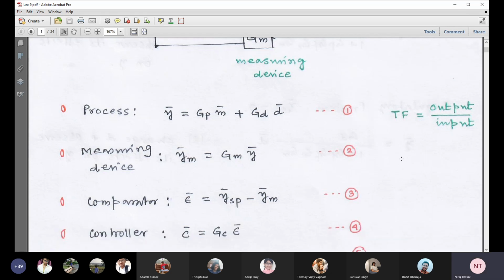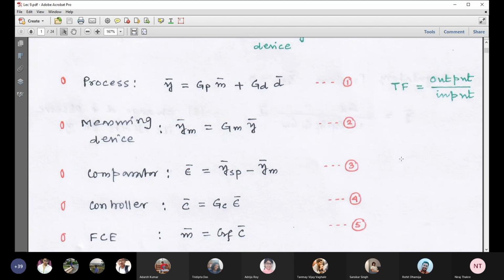Come to the controller. This is the controller equation. Here the output is C, input is epsilon, and transfer function is GC. Then the final control element. Again, the final control element output is M, input is C, and transfer function is GF.